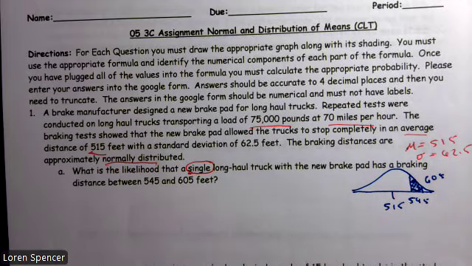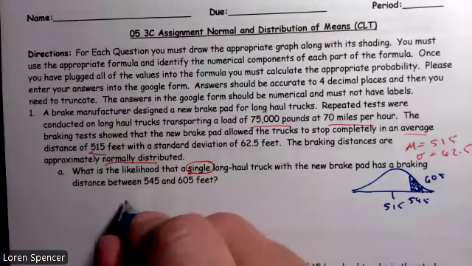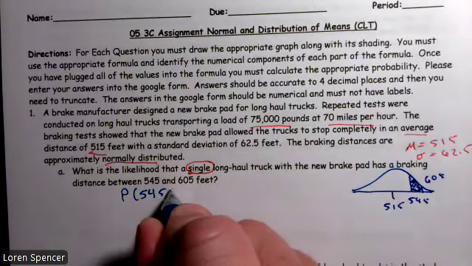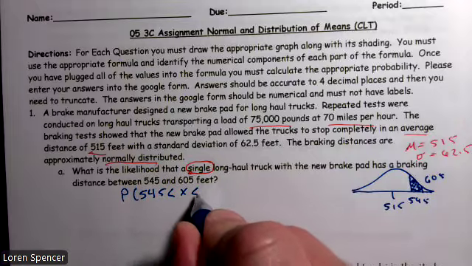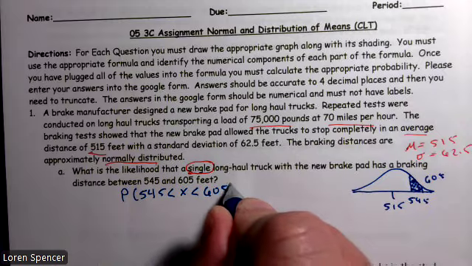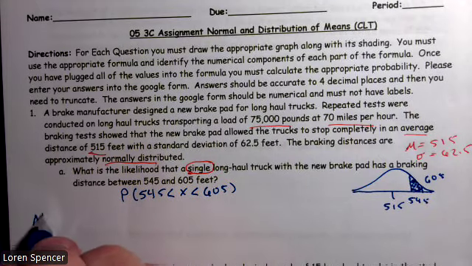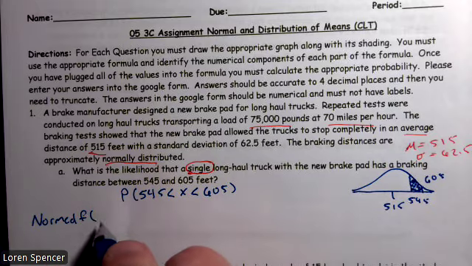All right. So my probability statement is going to be the probability that 545 is less than X is less than 605. So I'm going to have a norm CDF, and it's going to go lower bound is 545.